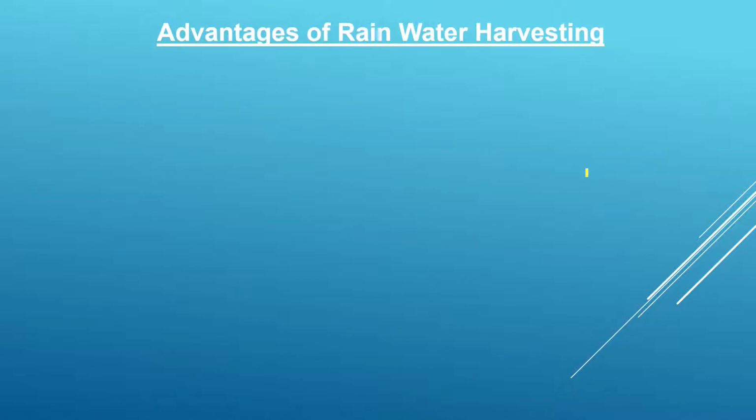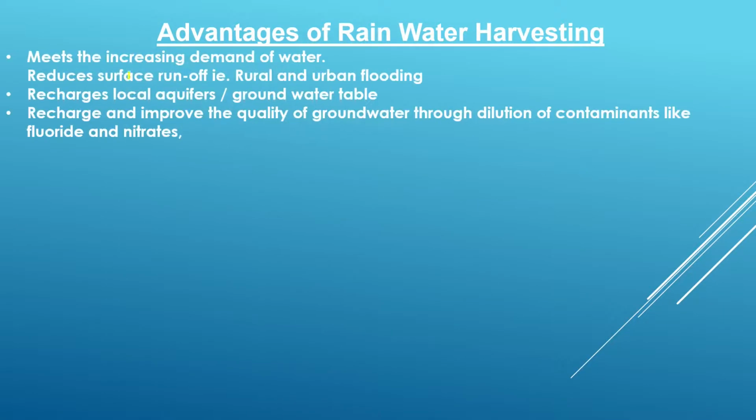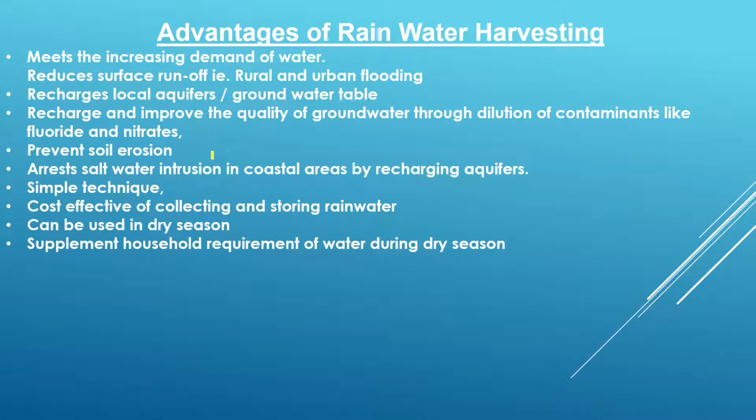Advantages of rainwater harvesting: it meets the increasing demand of water, reduces surface runoff, that is rural and urban flooding, recharges local aquifers, that is the groundwater table, recharges and improves quality of groundwater through dilution of contaminants like chloride and nitrates, prevents soil erosion, and arrests saltwater intrusion in coastal areas by recharging aquifers.